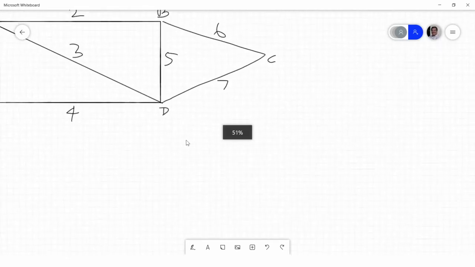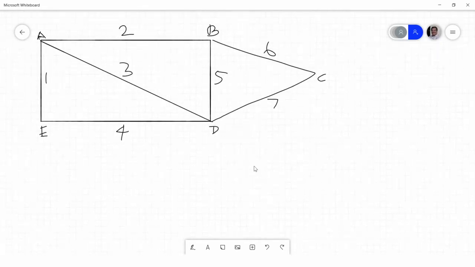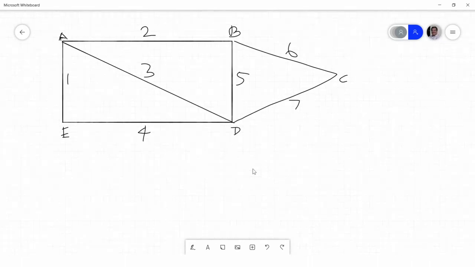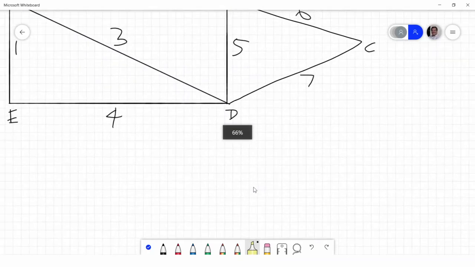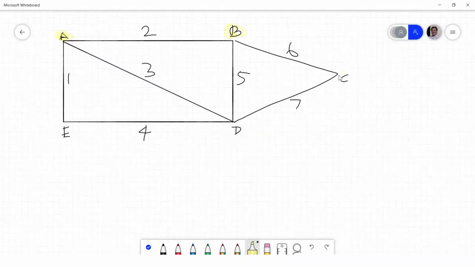Let me take one example of a graph. Look at this graph. A is a node, B is a node, C is a node, the same way D is a node, and E is a node.